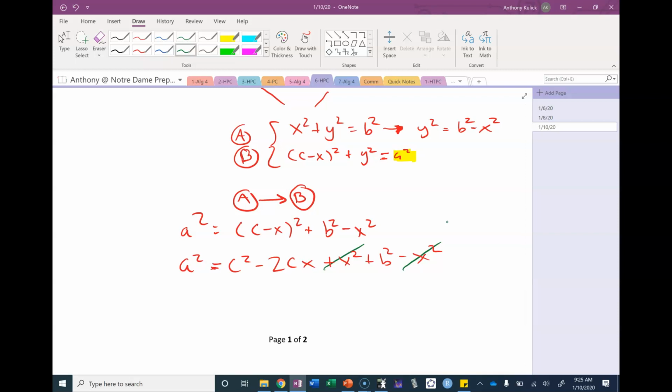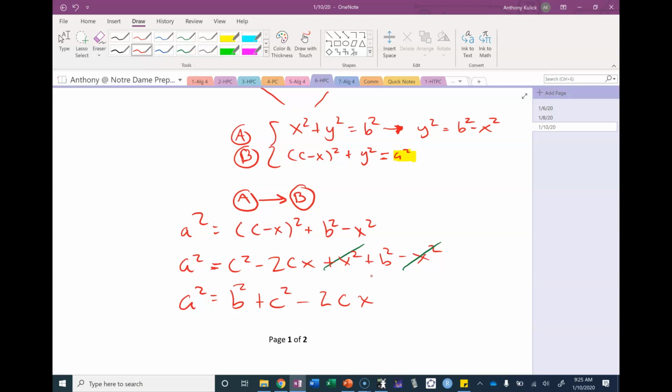Now let's compare this to what we're trying to prove. So I have a squared. I have the b squared. I have the plus c squared. I have minus 2c. Somehow x needs to turn into b cosine a. Right?